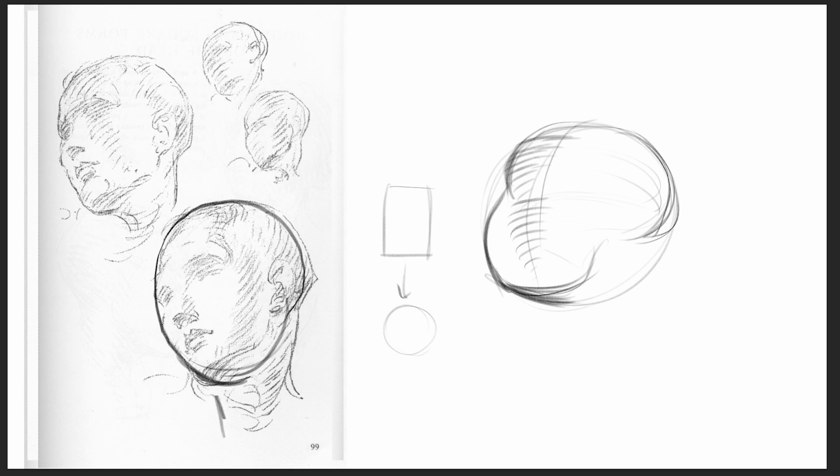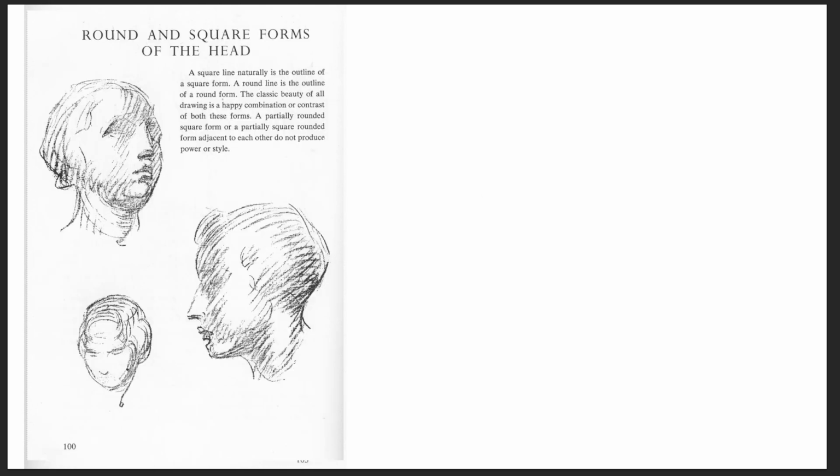Since we're looking up, a lot of these lines are drawn this way, also going upward, up and over, and it's also enhancing that roundedness within the design. Here he's saying there are certain views and certain people where you're going to see a combination of these shapes.